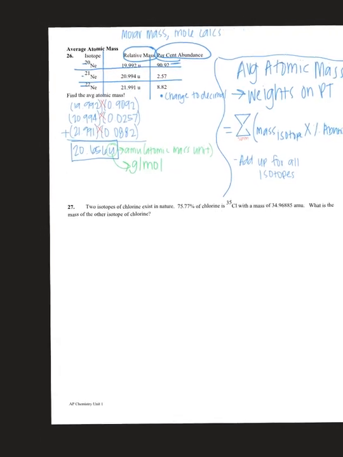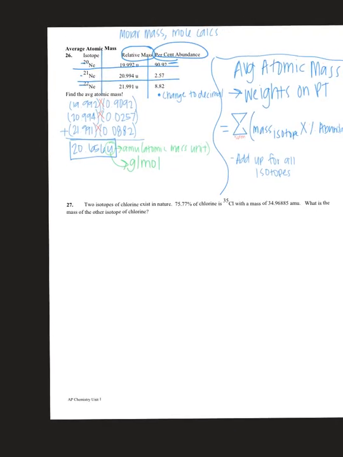This one's a little bit different. Two isotopes of chlorine exist in nature. 75.77% of chlorine is chlorine 35, and it has a mass of 34.96885 AMU, and they want to know the mass of the other isotope. Well, I don't even know what the other isotope is.